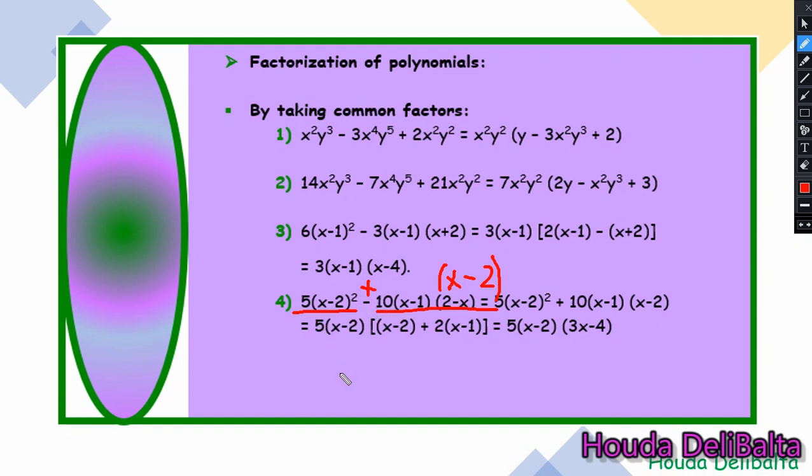Now let's search for a common number among the numbers. I have 5 and I have 10, so I can take 5 as a common number. Now after organizing this one, I have 5 into x minus 2 squared plus 10 into x minus 1 into x minus 2.